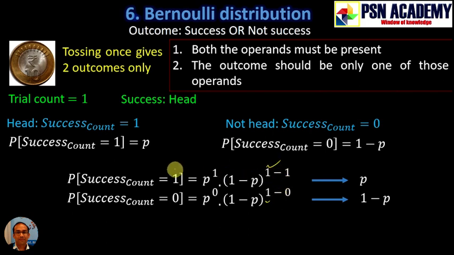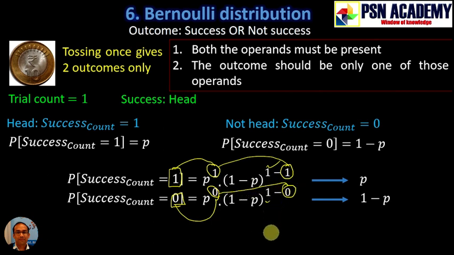See, from this 1, you are getting this 1 as well as this 1. From this 0, you are getting this 0 as well as this 0. And where from this 1 is coming? 1 is coming from here, the trial count.